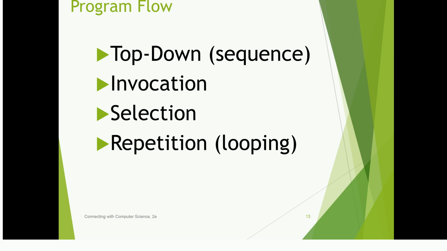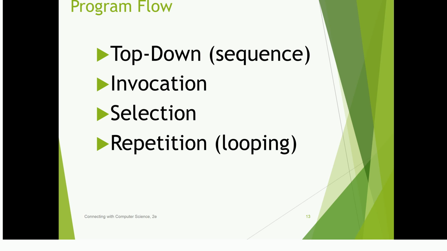The last thing that we want to talk about is the different types of program flow. Top-down is sequential. Step 1, Step 2, Step 3, Step 4. All of the logic, or most of the pseudocode that you've written so far, is called sequential or top-down because you started at the top and you move down. Another type of program flow is invocation. That is where I call or I invoke somebody else's code that I did not write.